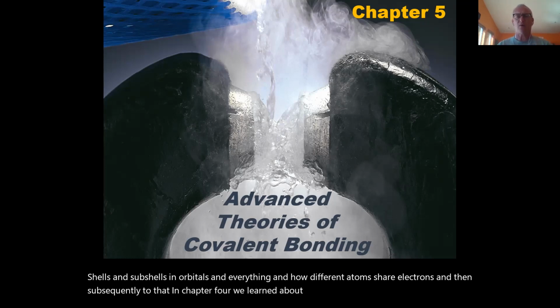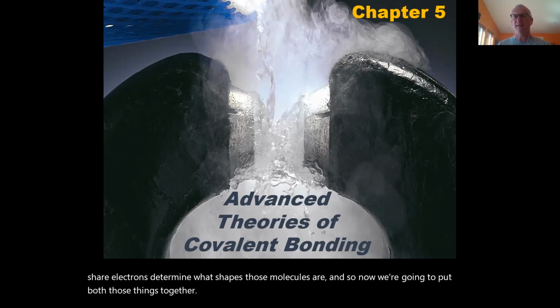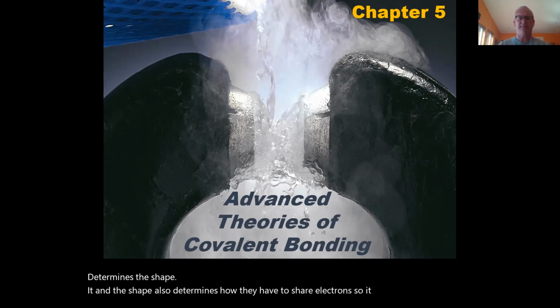We saw how the way atoms share electrons determines what shapes those molecules are. Now we're going to put both those things together and see that the way atoms share electrons determines the shape, and the shape also determines how they have to share electrons. So it goes both ways.